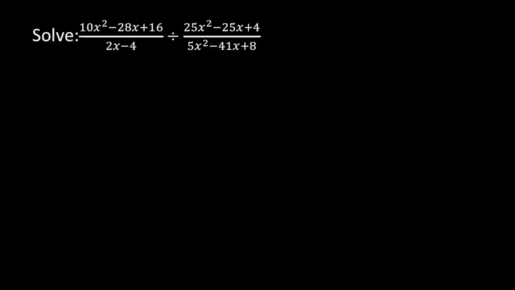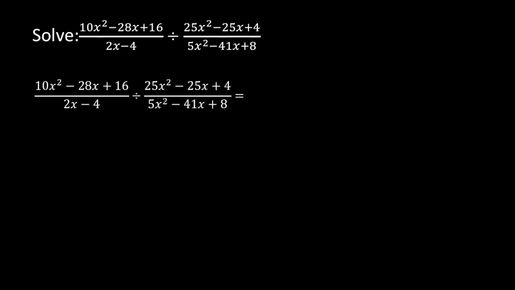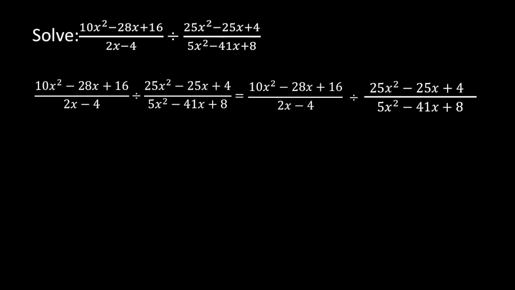Finally, let's try to divide two rational expressions. If you know how to multiply rational expressions, dividing them would be an easy task for you. In dividing rational expressions, we look at the divisor, that is the expression that another expression is divided by, and get its reciprocal.